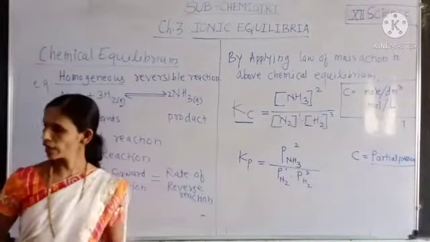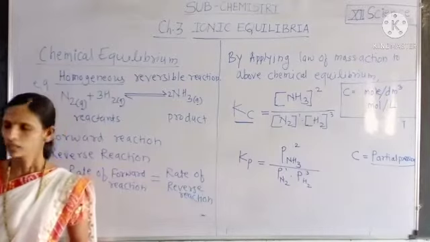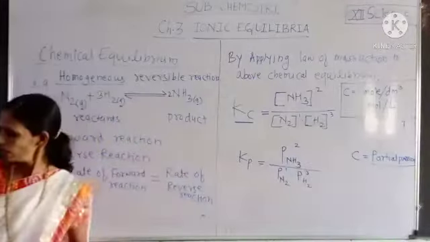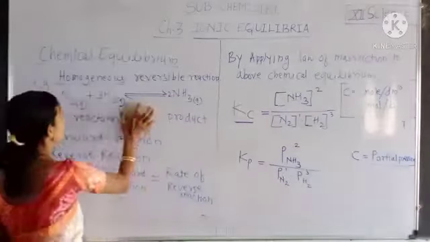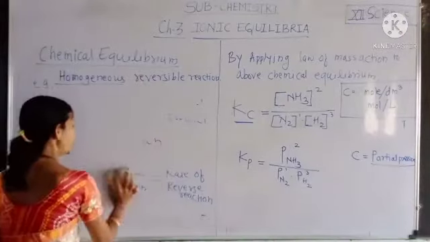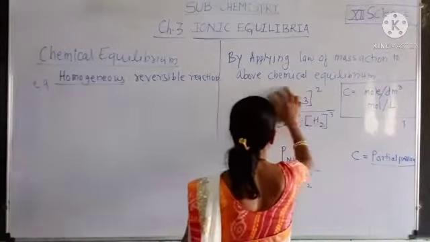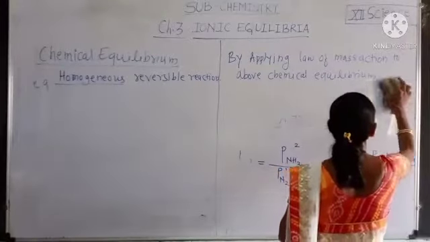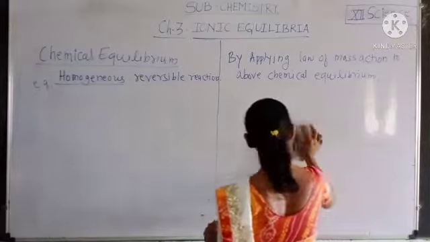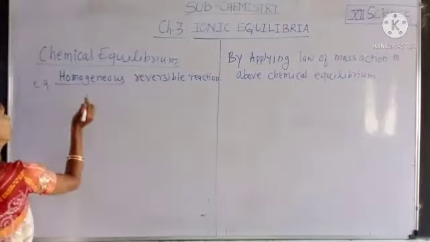Then a few more examples we will be discussing here. See here, one more example: when hydrogen gas reacts with iodine vapors, it gives gaseous hydrogen iodide.